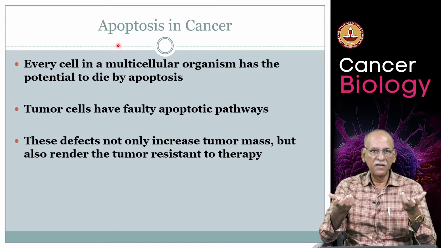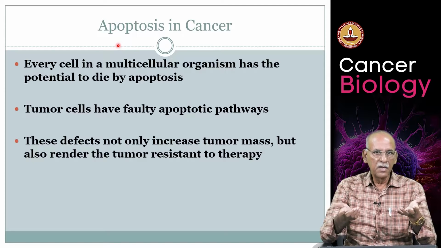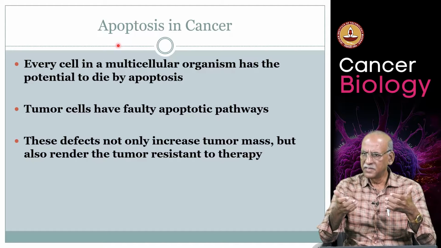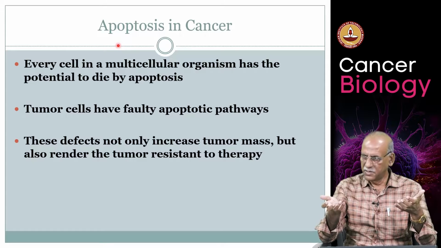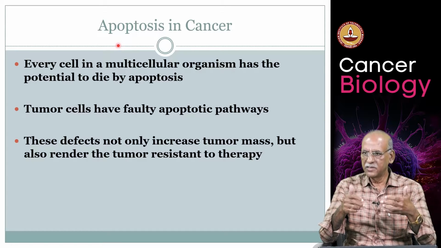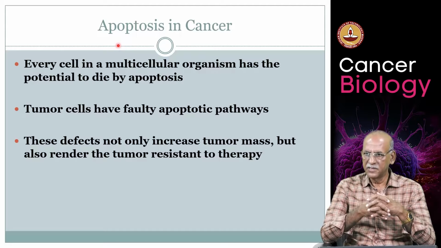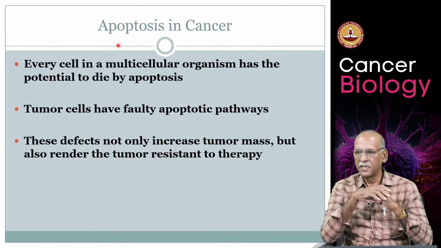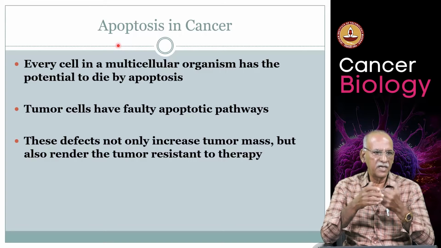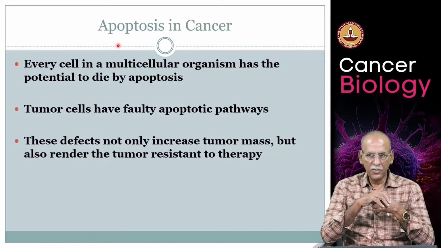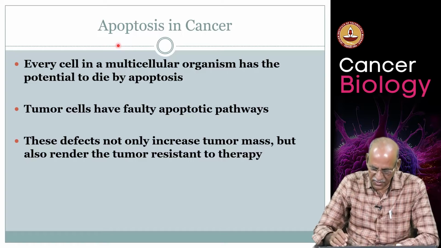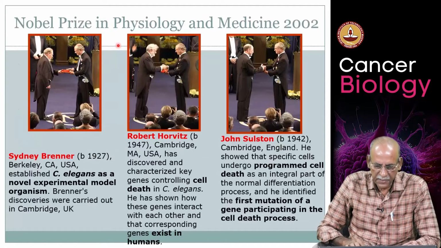And cancer cells have developed several mechanisms by which they have resistance to apoptosis induced by any agent, any chemical. Because they have faulty apoptotic pathways, they have developed certain defects in the apoptotic pathways, or alternatively they are overexpressing anti-apoptotic proteins, and thereby they can resist apoptosis induction by any agent.